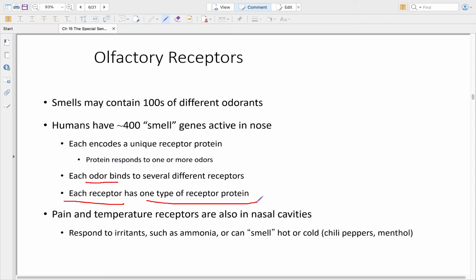What's interesting here is that pain and temperature receptors are also found in your nasal cavities, but it's helpful as a protection mechanism, so that when you smell or sense something that's dangerous, like an irritant, like ammonia, or something that's hot or cold or spicy or menthol, these pain and temperature receptors in your nasal cavity work with our olfactory receptors to help the brain determine what we are actually smelling.